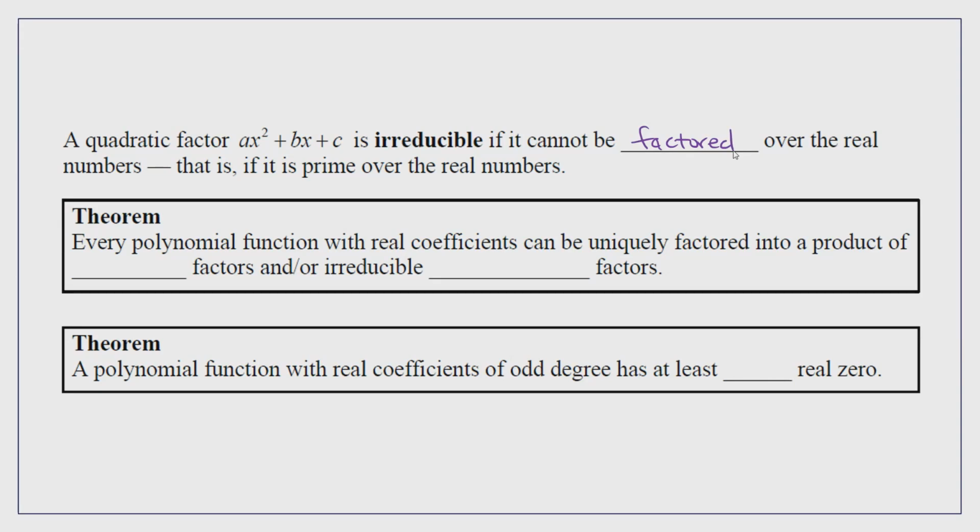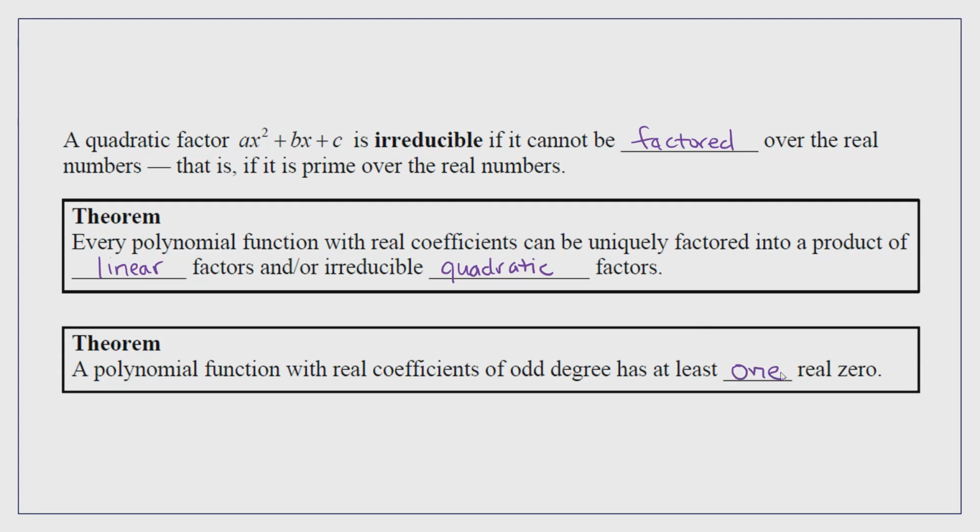So every polynomial function with real coefficients can be uniquely factored into a product of linear factors and/or irreducible quadratic factors. A polynomial with real coefficients of odd degree has at least one real zero.